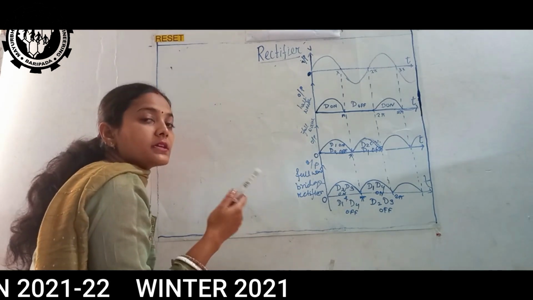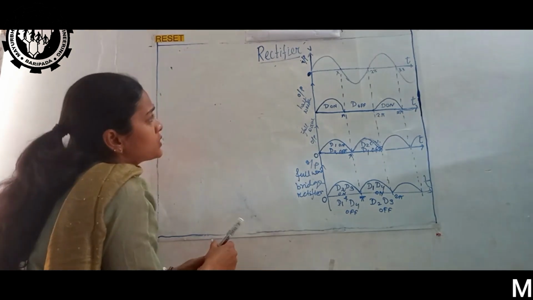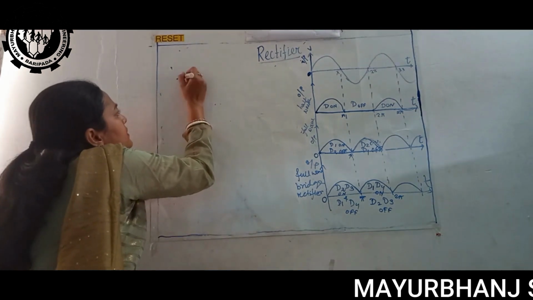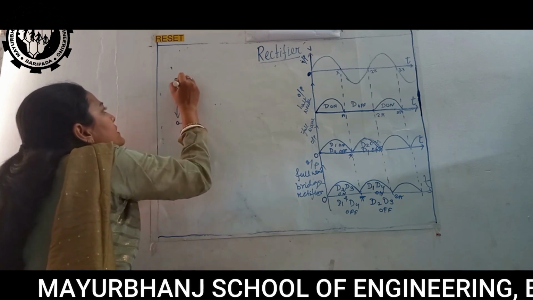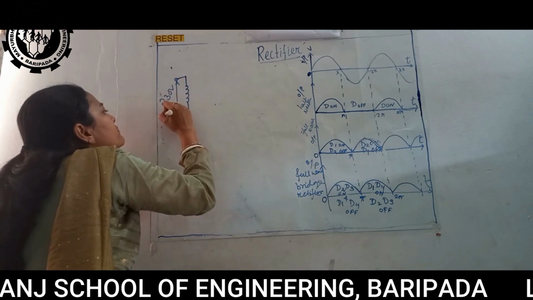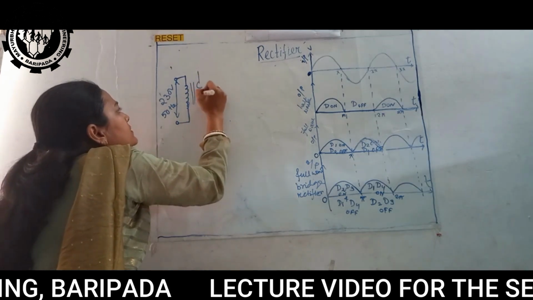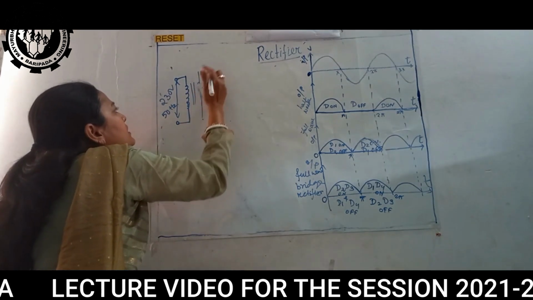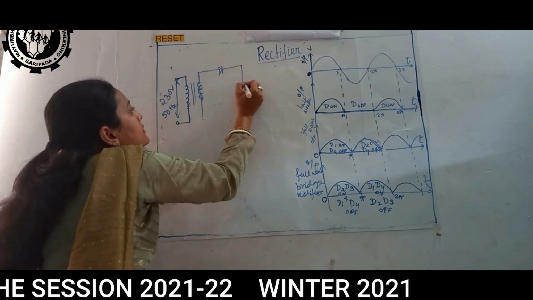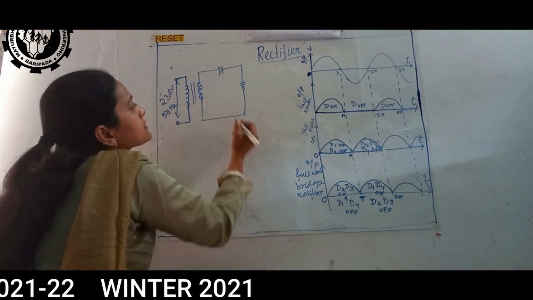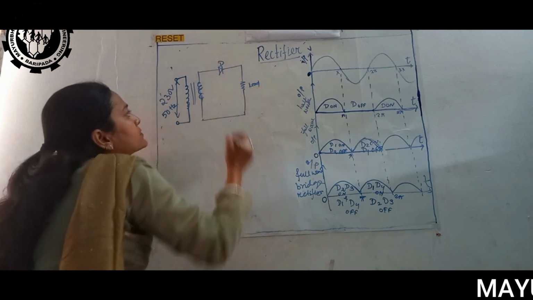An inductor we connect in series to the output. For example, let's take a half wave rectifier circuit with 30 volt input and 50 Hz supply. This is the load. This is the diode.